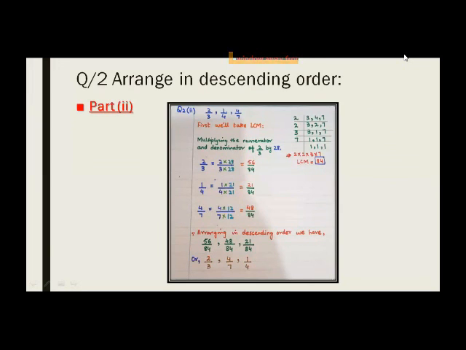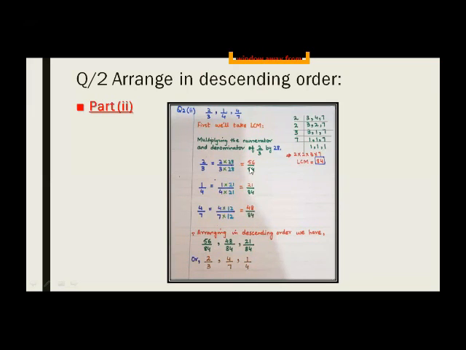Okay. Now what have we done? We have made the denominator the same, 84, 84, 84. Okay, now the fractions are 56 upon 84, 21 upon 84, 48 upon 84.